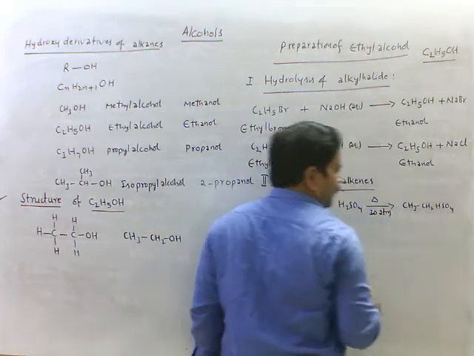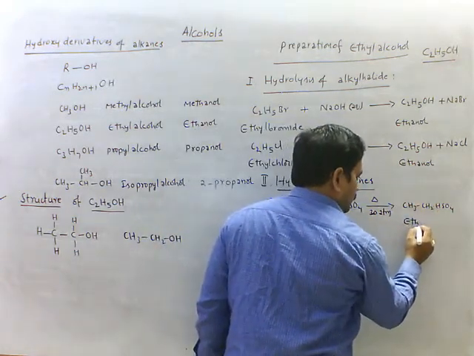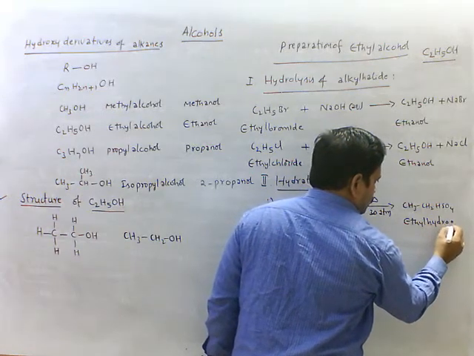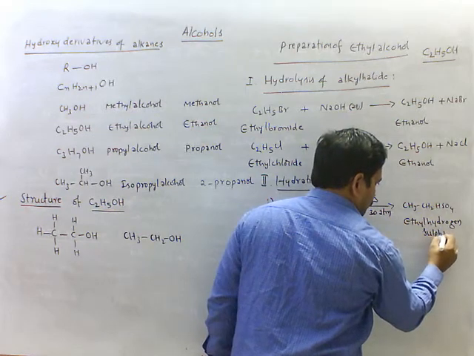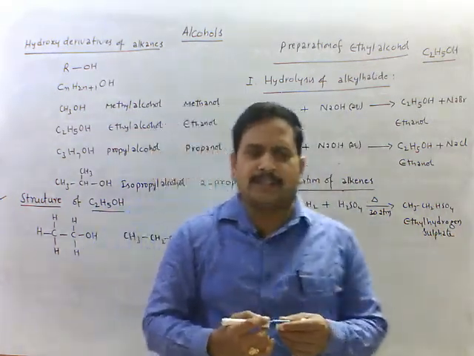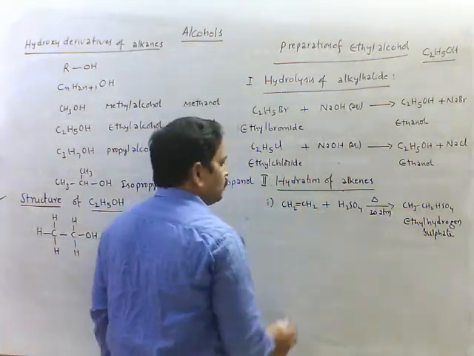HSO4, ethyl hydrogen sulfate. This ethyl hydrogen sulfate is treated with steam. We get ethanol.